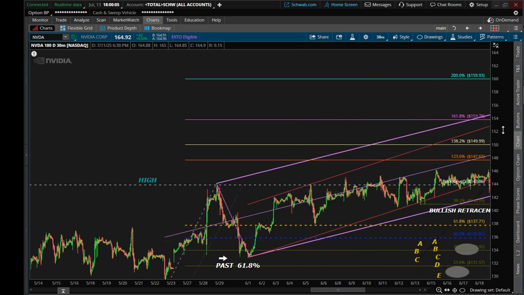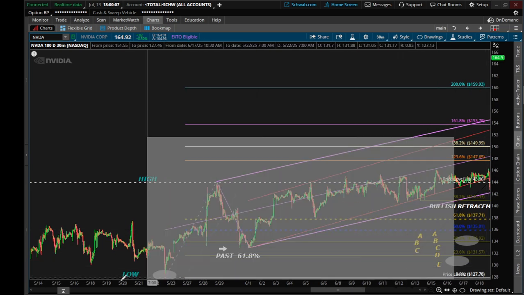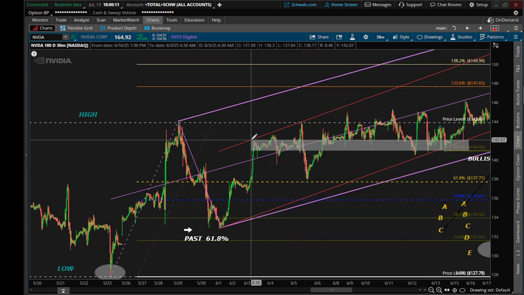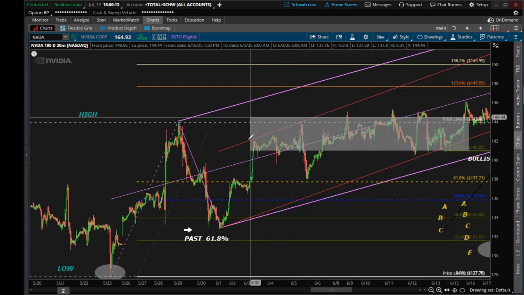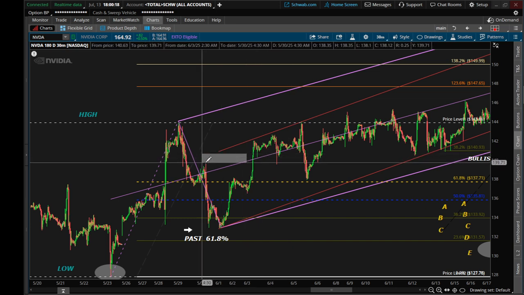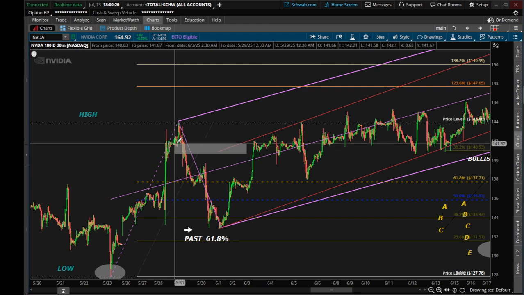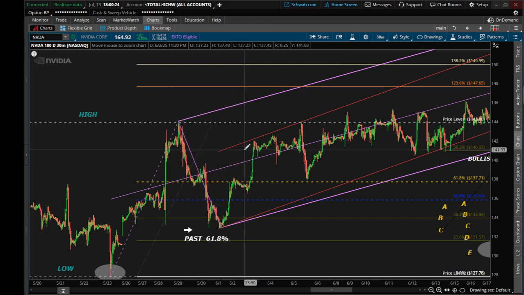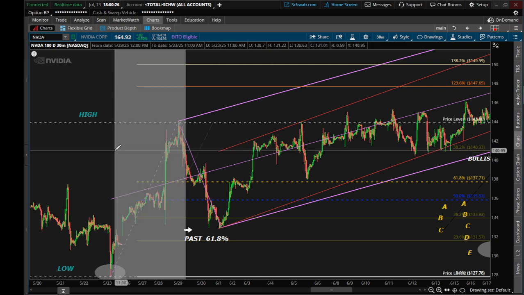Okay, let's try this again. So hopefully you can tell the difference between a consolidation move like this versus a move as such, like this, or like this.